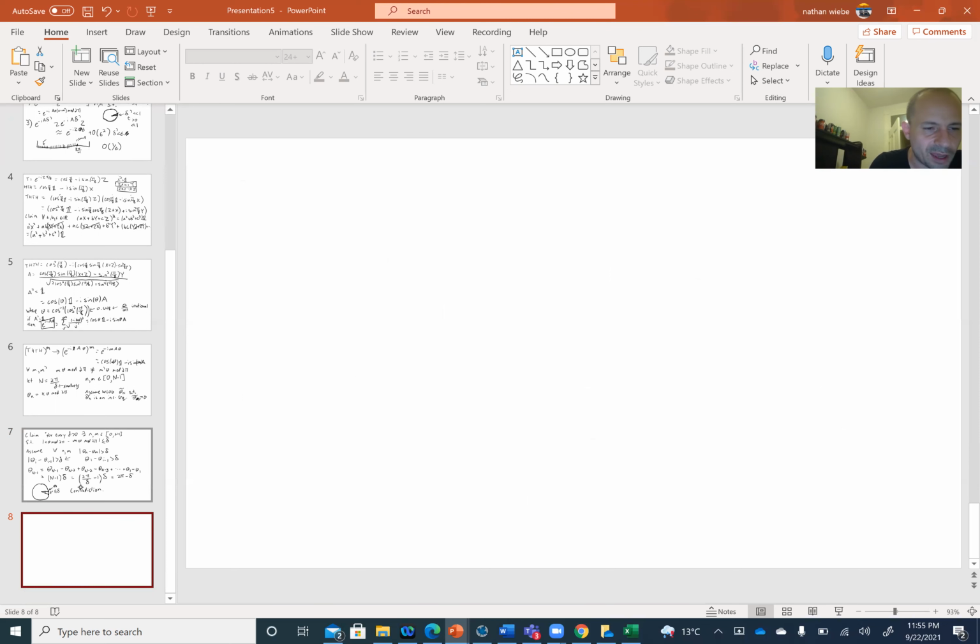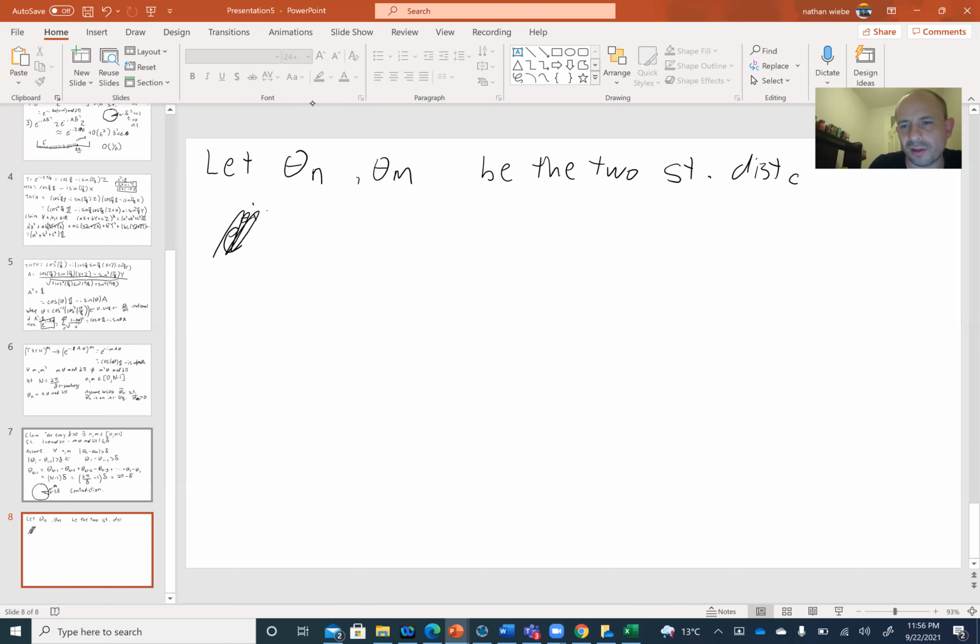So we've got now a small rotation, and the way we can always build this small rotation is, okay, let theta n and theta m be the two that are within distance delta.